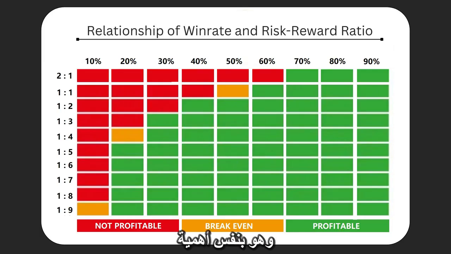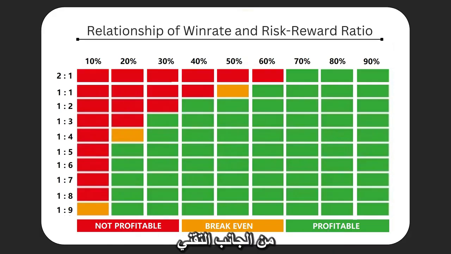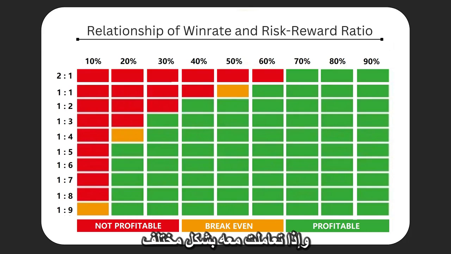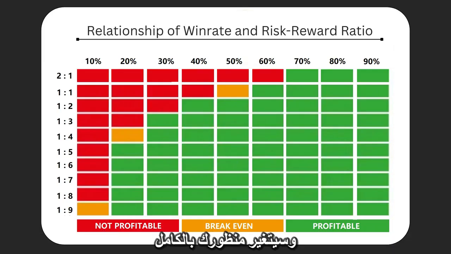It's just as important as your technical system, or some could even say slightly more important than your technicals, right? If you have a correct perspective of risk management, and if you approach it differently and more accurately than most people, then you'd have a really huge edge over the markets, right? And your whole perspective will be changed.